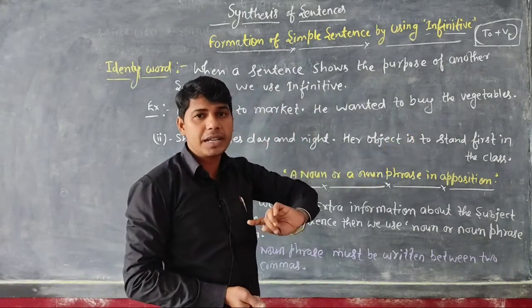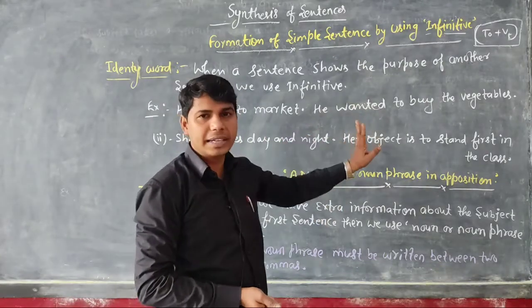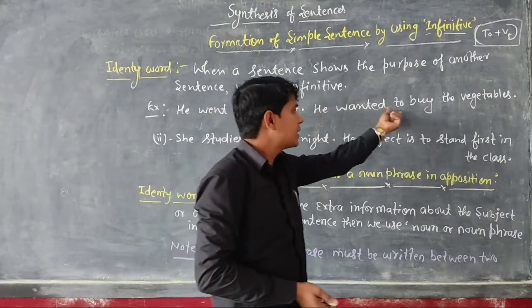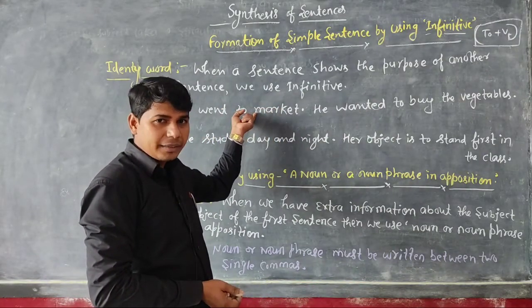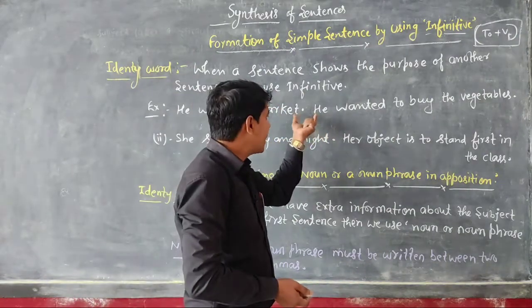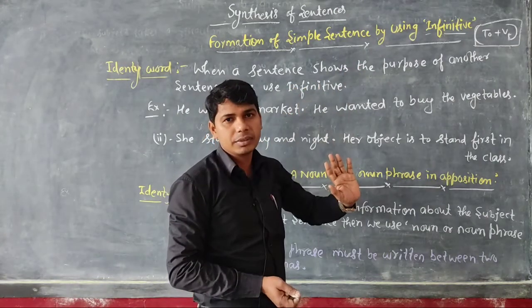For what purpose did he go to market? Because he wanted to buy vegetables. So this was the purpose of this action. When we join these sentences into a simple sentence, we use infinitive.